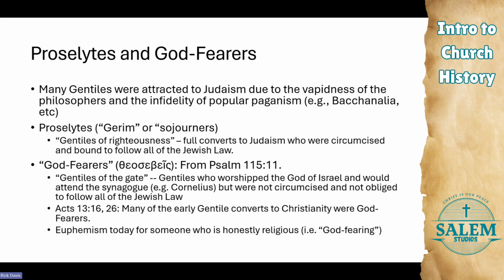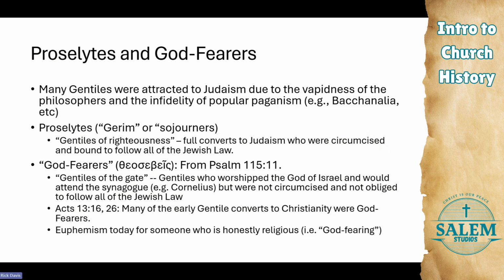So now we're starting to get to the part where Gentiles begin to enter the story. As the Jewish diaspora spread throughout the known world, many Gentiles were attracted to Judaism, especially in the Greco-Roman world, because of what they saw as the vanity and vapidness of Stoicism or Epicureanism or the various Greek philosophies, as well as the moral decay and infidelity of popular paganism.